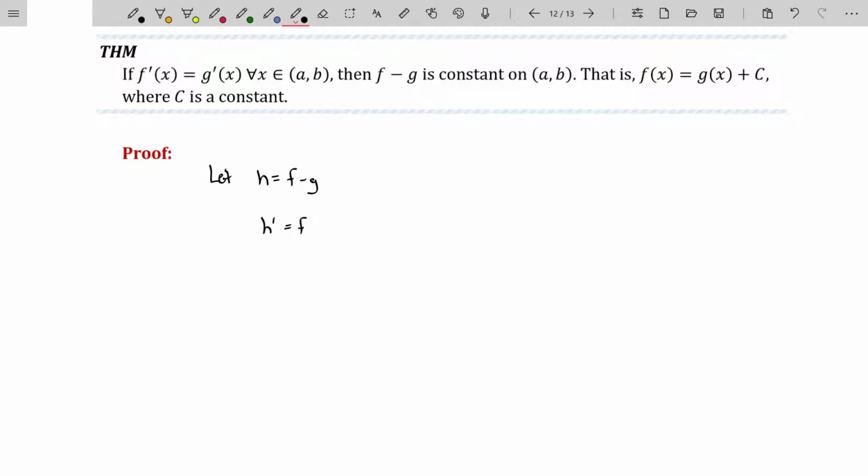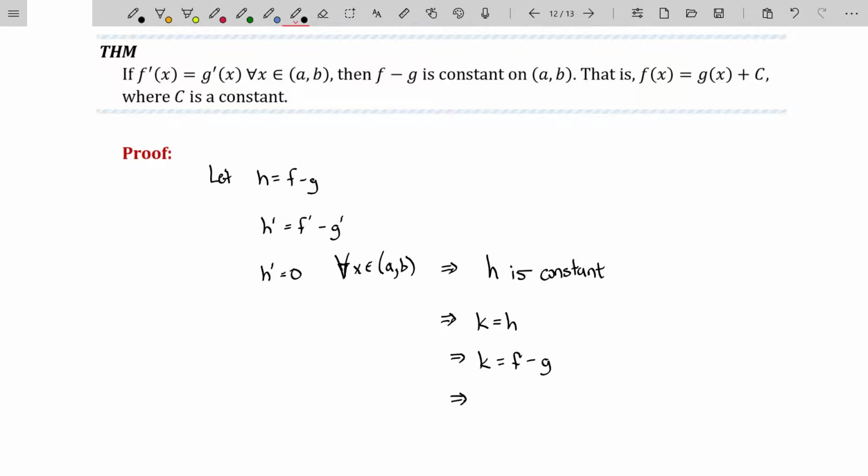Then h prime is equal to f prime minus g prime, and that is 0 for all x in that interval, which implies, I'm already doing the proof, h is constant on that interval from the last theorem, which implies h equals some constant k, which implies that constant k is equal to f minus g, or in other words, that f is equal to g of x plus some constant k. I actually just proved the whole silly theorem, right?